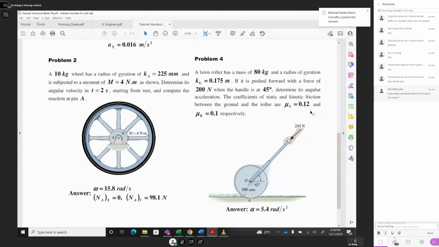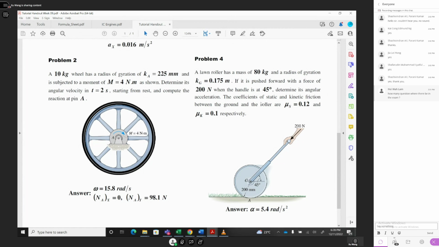If it is pushed towards at a force of 200 Newton, then the instantaneous rotation center should be A. Because the rotation is about A, this tangential, the instantaneous speed of G should be omega multiply this radius, or the instantaneous acceleration should be angular acceleration multiply this radius. That's how it works there.